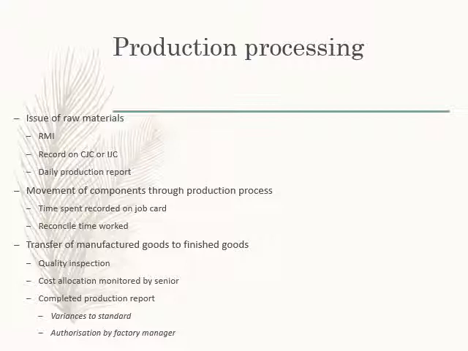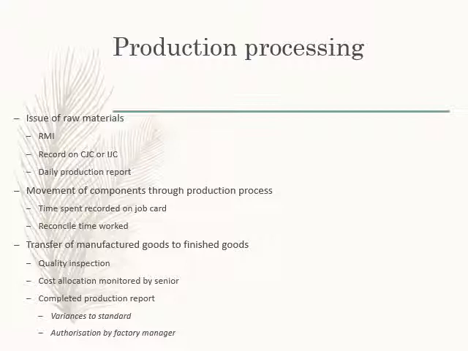In terms of movement of components through the production process as work in process, all time spent on each stage of the production, either by production employees or in terms of machine time or machine hours, should be captured on the relevant job card, so either the customer job card or the inventory job card.